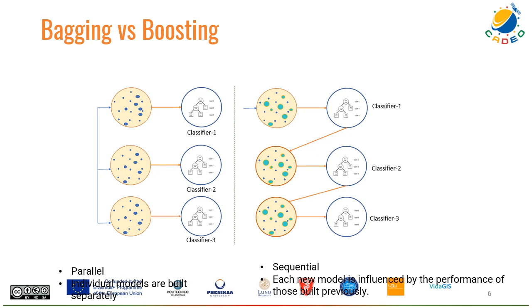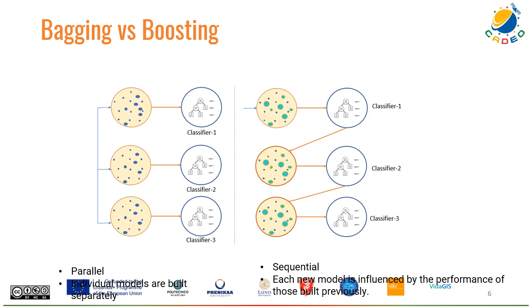However, boosting is sequential. In boosting, each new model is built sequentially and influenced by the performance of those built previously. The training process involves iteratively improving the model by focusing on instances that were misclassified by previous models. So each new model is trained to correct the errors made by the previous models, with a focus on difficult instances that may have been misclassified.